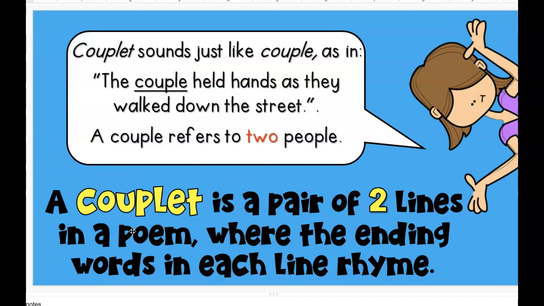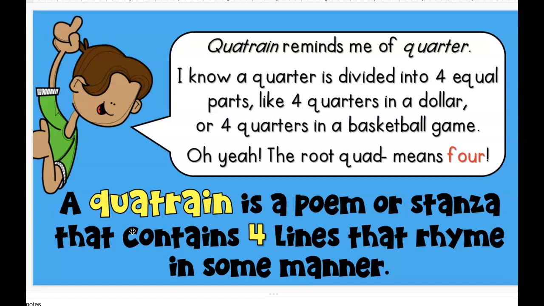It's all fun. Couplet sounds just like a couple, as in the couple held hands as they walked down the street. So a couple refers to two people. So if we take that word couple and we put it as a couplet, it's a pair of two lines in a poem where the ending words in each line rhyme. A quatrain reminds me of quarter.